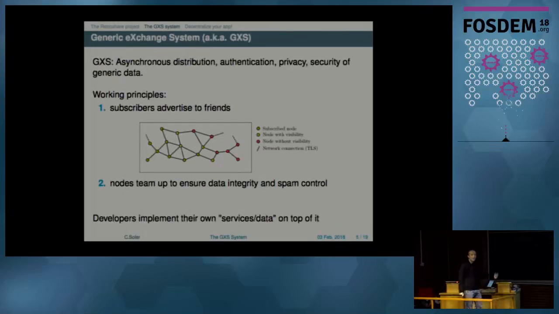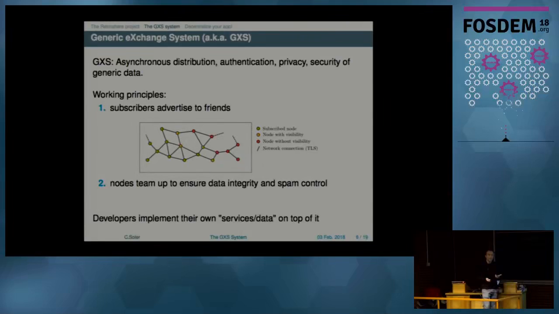So we designed this generic exchange system, which stands for GXS. It takes care of the distribution, authentication, privacy, and security of the data. And it's based on two principles. The first one is that subscribers advertise to friends. That means when you want to access some data, you subscribe to it, then you get the data from your friends.